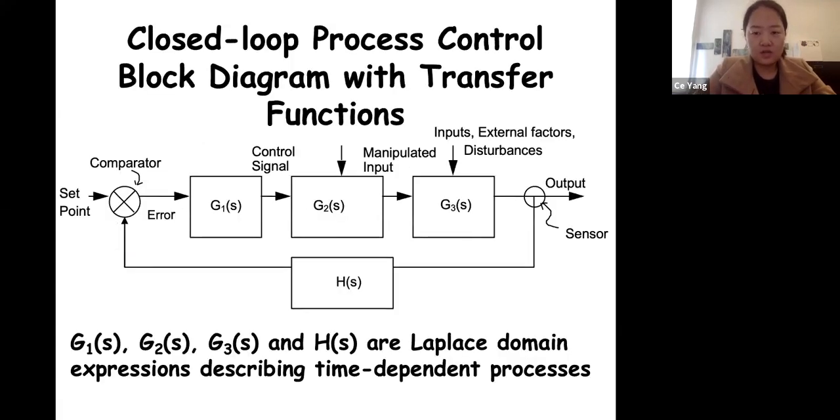So you have seen this closed loop block diagram many times. Here, as you can see, something different, which is we have G1, G2, G3, and H(s) blocks.